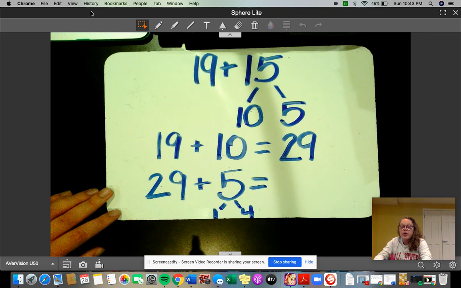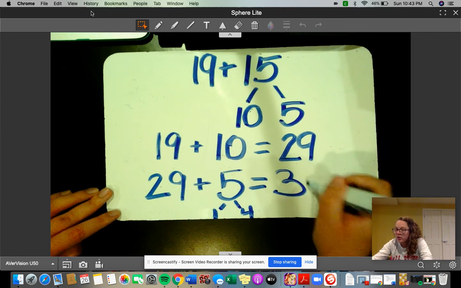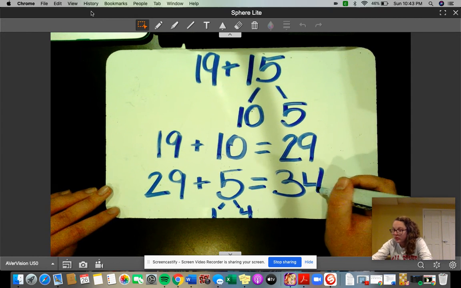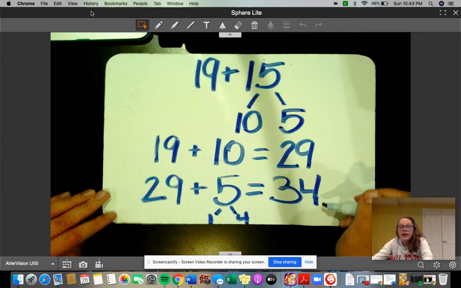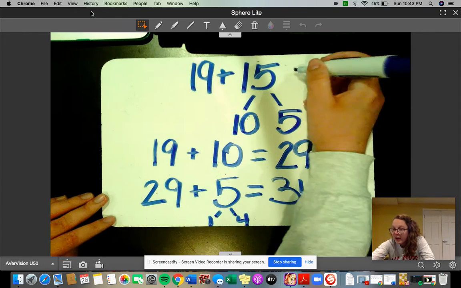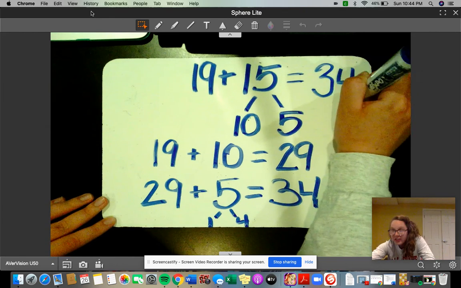So I know 29 plus 1 is 30. And then if I add 4 more to my 30, that is going to make 34. All right, so now I know that 29 plus 5 is 34. And that is going to be our answer up here as well.